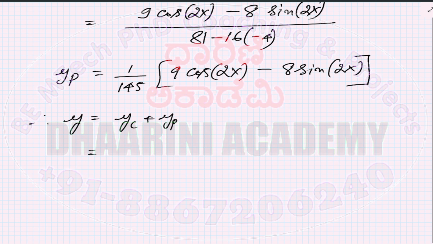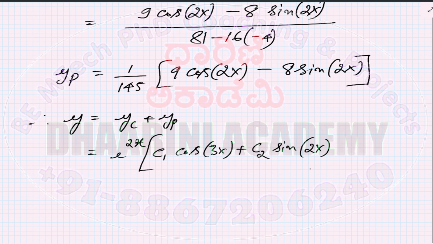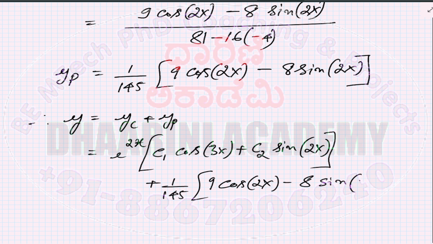YC we already got: e to the 2x into a constant C1 cos of 3x plus another constant C2 sine 3x. This is the first part. Plus the YP we just got, 1 over 145 into 9 times cos 2x minus 8 sine 2x.